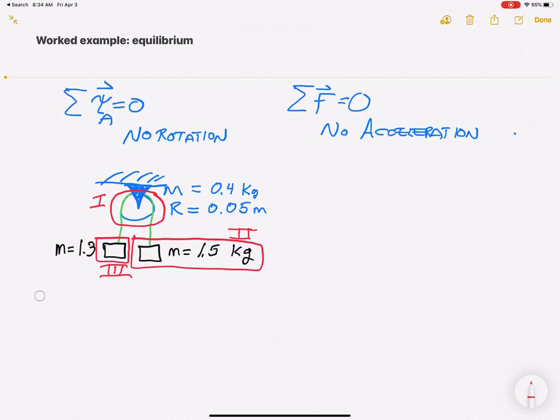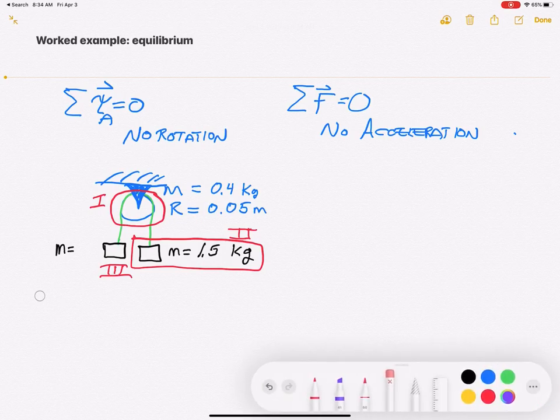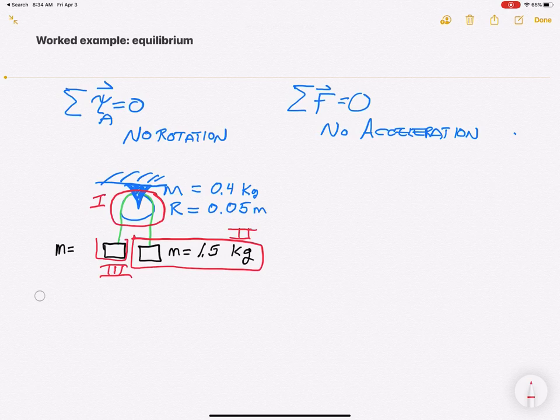To turn this into a good question, I want the mass of this object, system 3, to be our unknown.